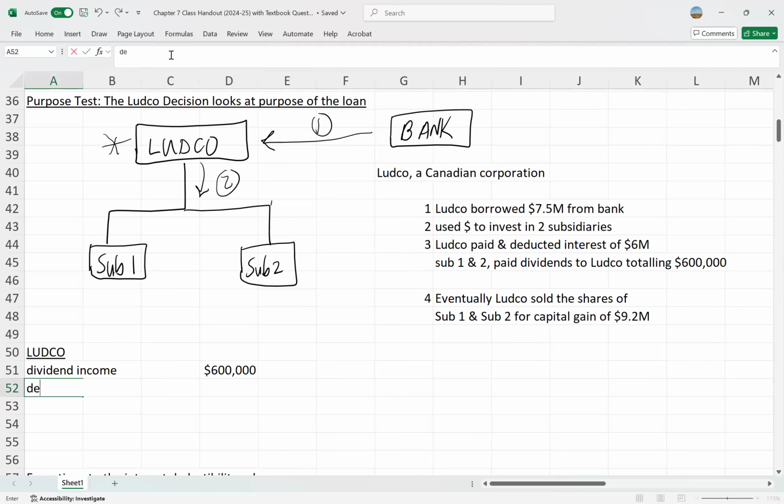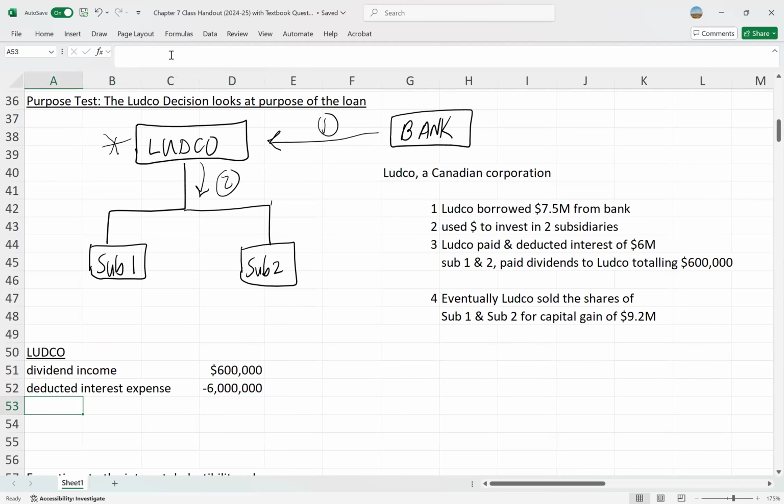Over the years, they deducted the interest. The interest expense was $6 million. And then when they sold the shares, they had a capital gain of $9.2 million. Once again, only 50% of that's taxable. So for tax purposes, the taxable capital gain was $4.6 million.